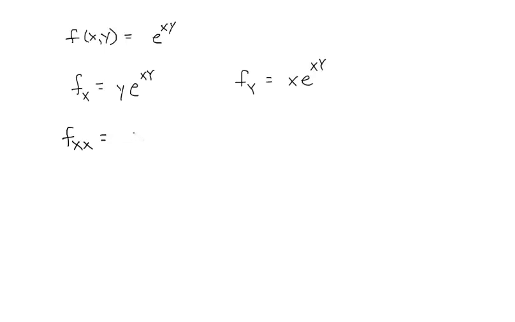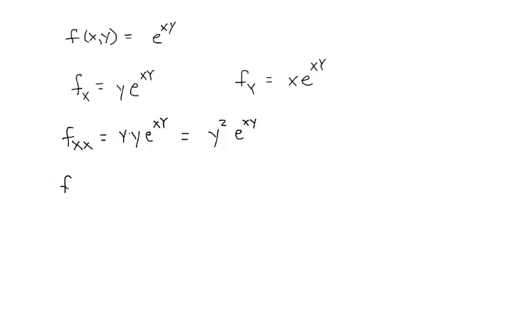So y is going to carry down, and then we're going to do our rewrite of our exponential function, e to the xy, and now we need to take the derivative of the exponent with respect to x. And remember, y is a constant, and the derivative of x is 1. So we end up with just another y, so times y, or y squared e to the xy.